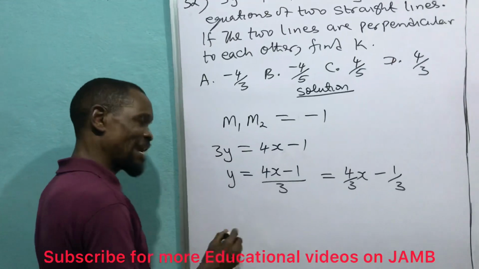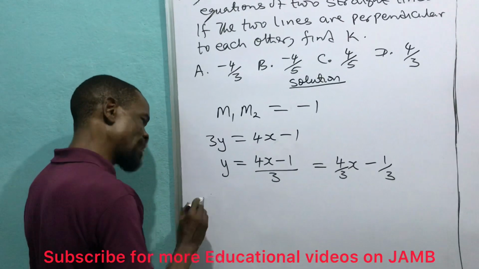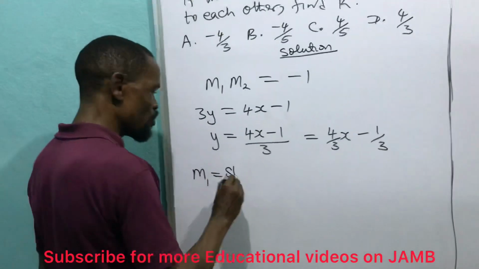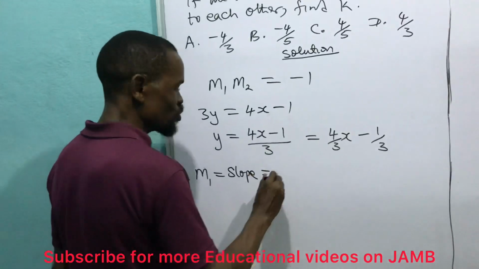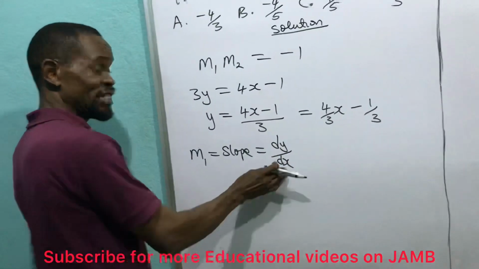That's all. Then I can now say that my dy, which is my slope, M1, is equal to dy/dx, which is changing y over changing x.